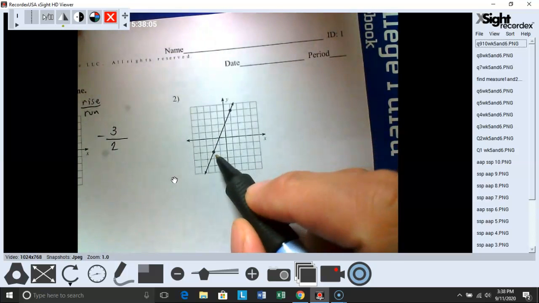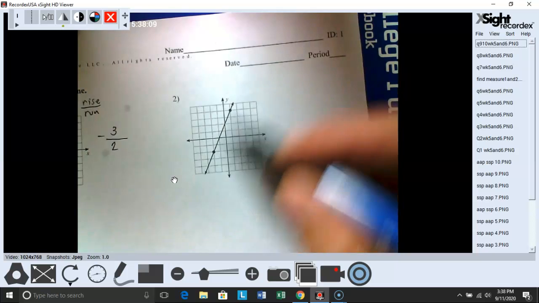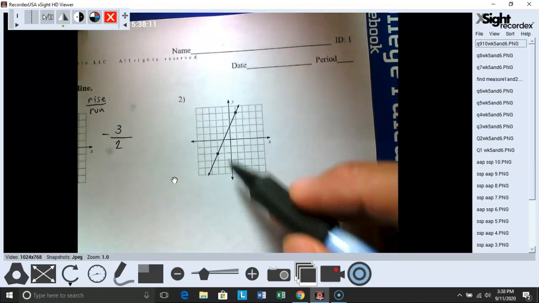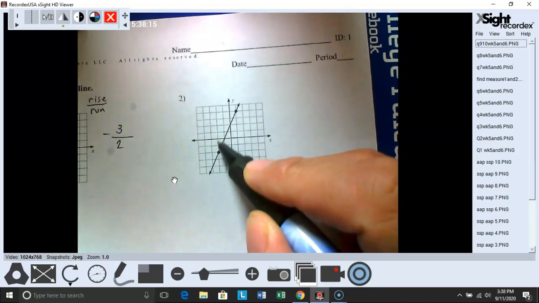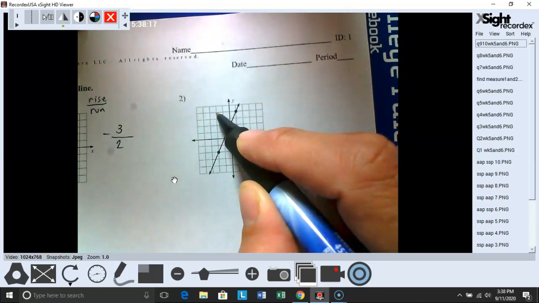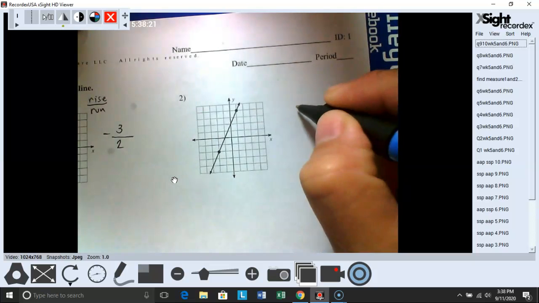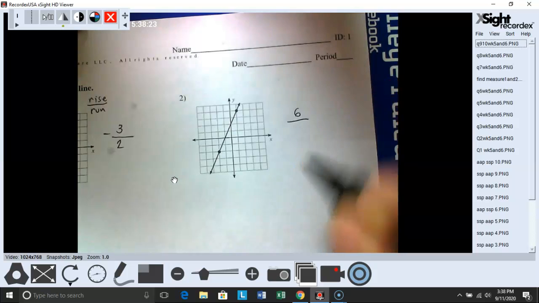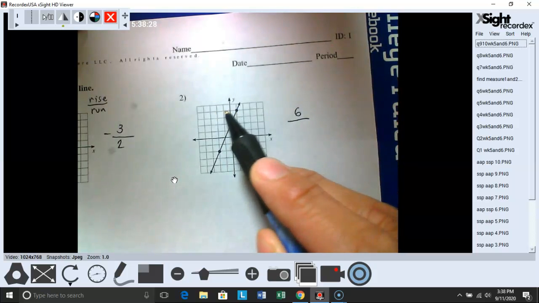Next, number 2. Now this time our graph is going upwards, so meaning our slope is expected to be positive. Let's go up. 1, 2, 3, 4, 5, 6. Let me count again. 1, 2, 3, 4, 5, 6. So that's going to be 6 all over, from here, 1, 2, 3. So we're going right.